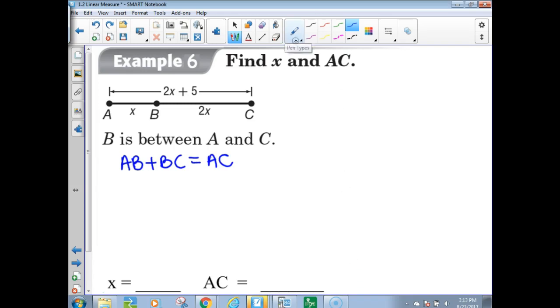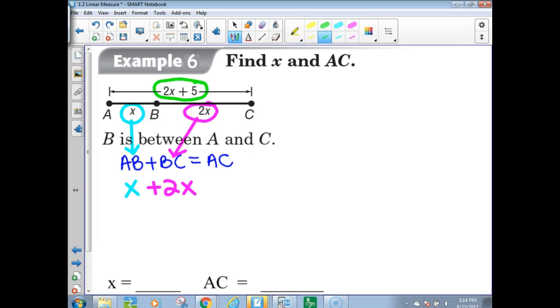Now, what I'm going to be doing often in geometry is using something that we know, and then I'm going to trade X for AB, 2X in for BC, and then 2X plus 5 for AC.